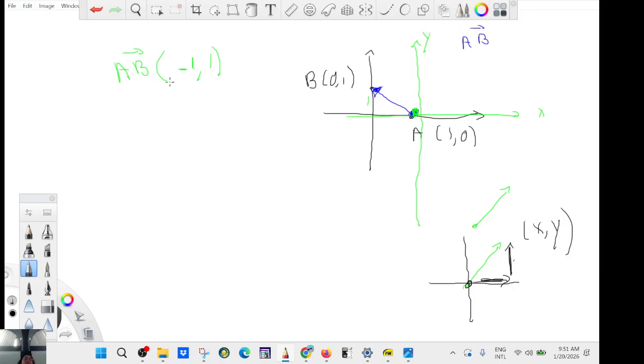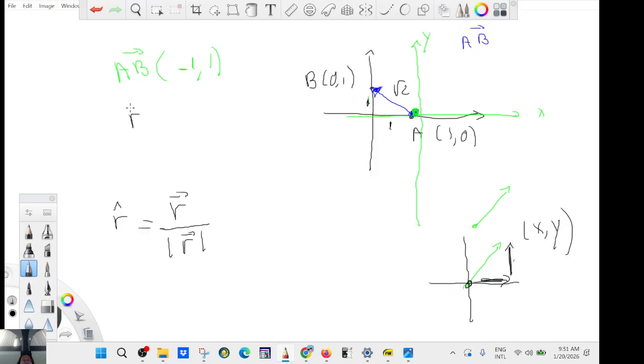So we have this vector AB. Can you find the unit vector? Okay, so the unit vector, remember, is just the vector divided by the magnitude. So what's going to be the magnitude? Square root of 2, right?